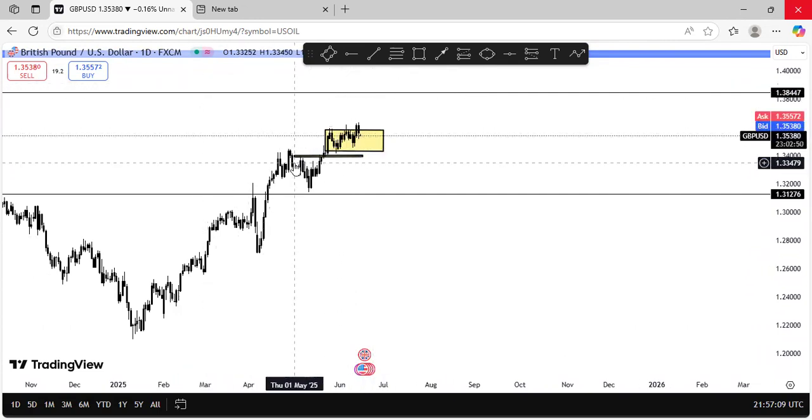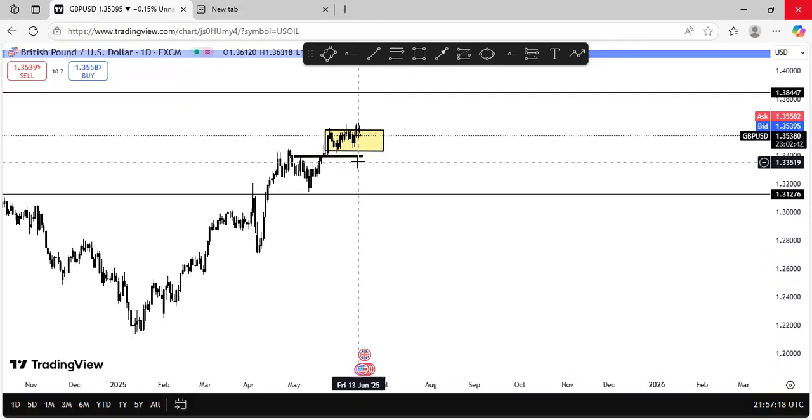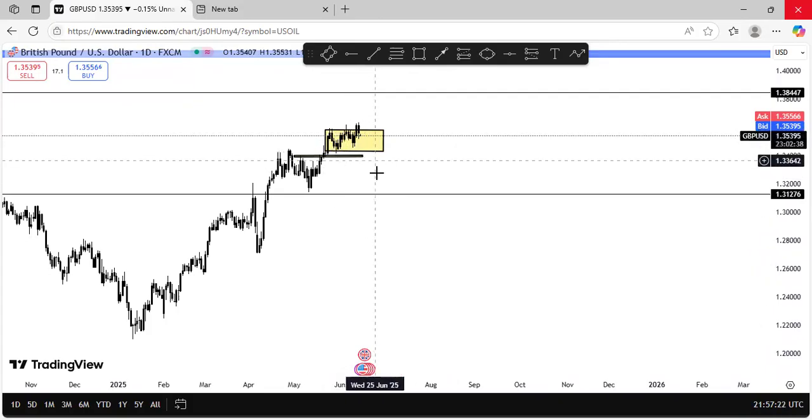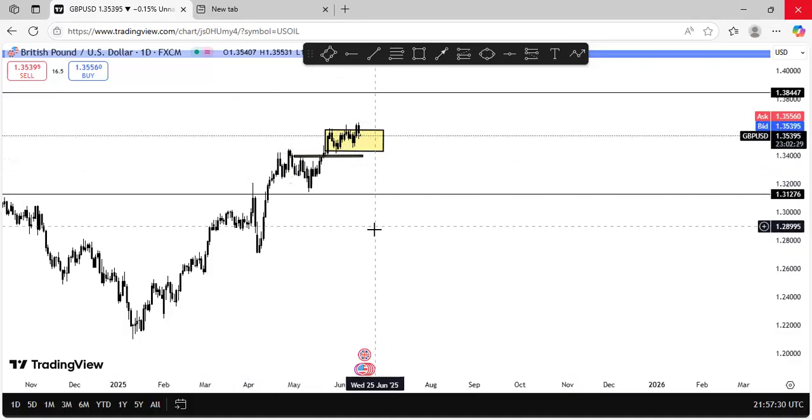How many candles in this box? We've got one, two, three, four, five, six, seven, eight, nine. So for some days, I think a week or so, the GBPUSD has failed to break this level. Although we came here, just shy of breaking, and then we're inside again in this nasty range.